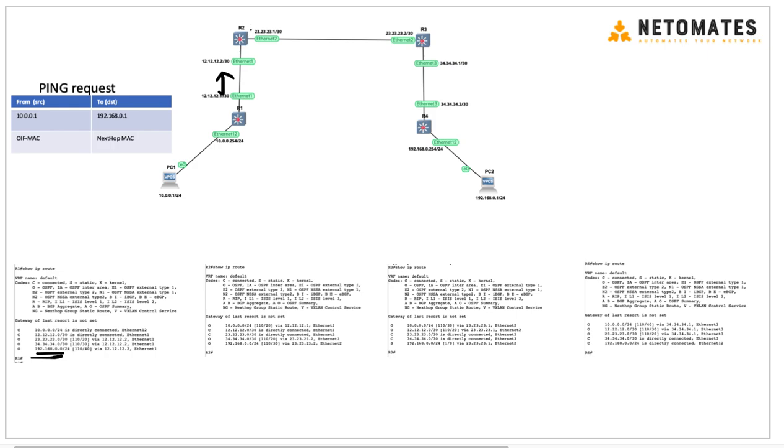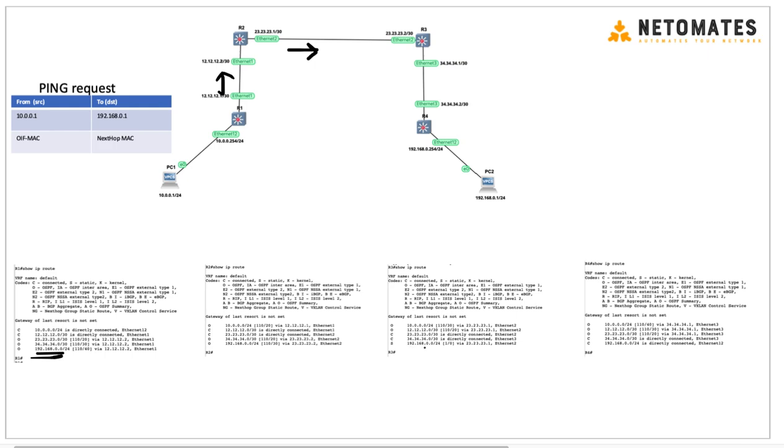Once it arrives on R2, the R2 routing table states that to send packets to 192.168.0.0/24, the next hop is 23.23.23.2 via Ethernet 2. This is also fine, the packet goes here. Let's check the R3 routing table.